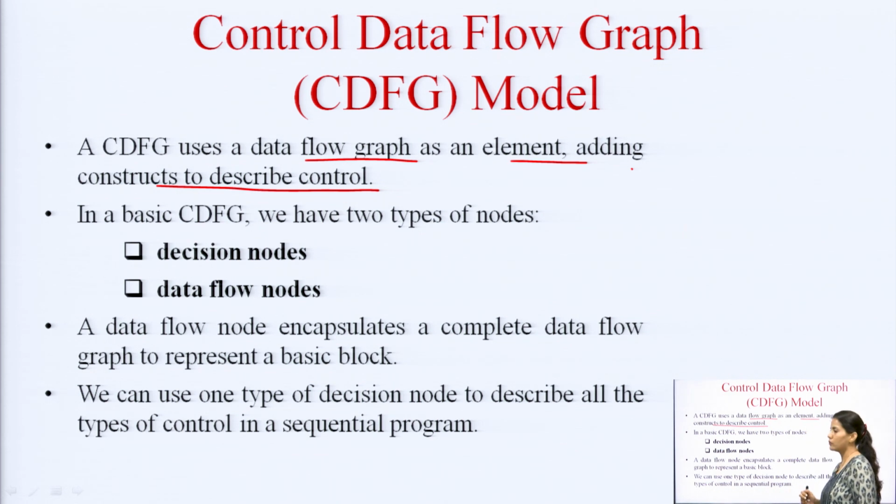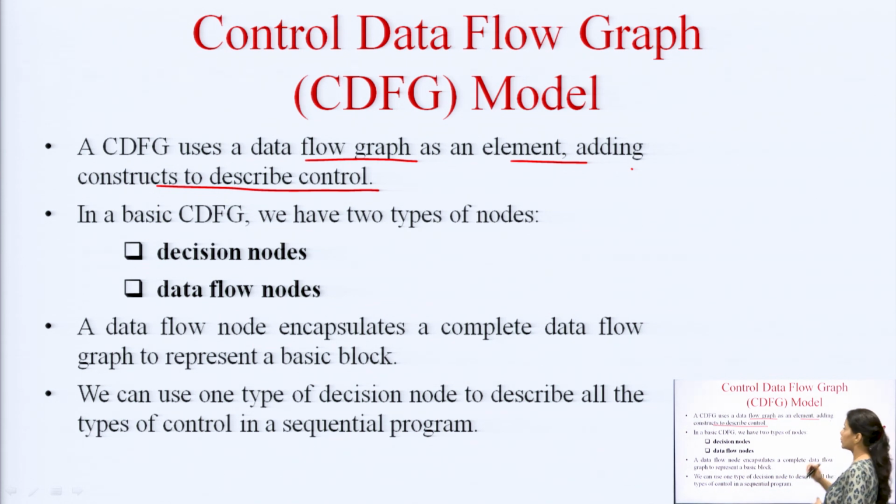So, in those applications where many controlling applications are also present in the system, that application is modeled using the control data flow graph. In that model there are some conditions which are evaluated in between the various processes, and depending upon the fulfillment of those conditions, the next process occurs. We will have a look at the example.